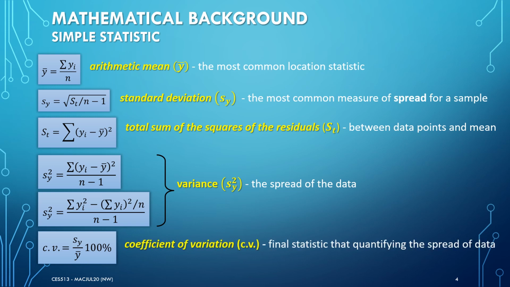Okay, the last one is a final statistic quantifying the spread of data, which is called the coefficient of variation. This statistic is the ratio of the standard deviation, SY, to the mean. As such, it provides a normalized measure of the spread.